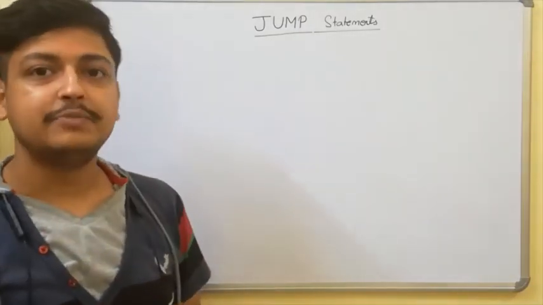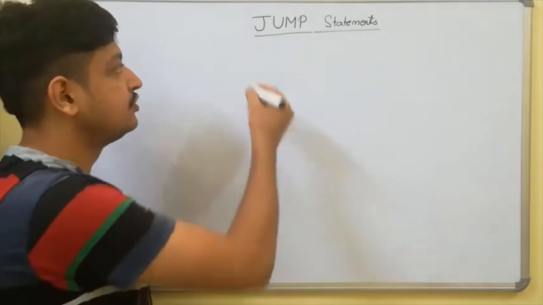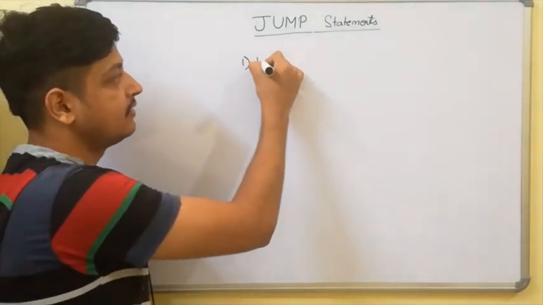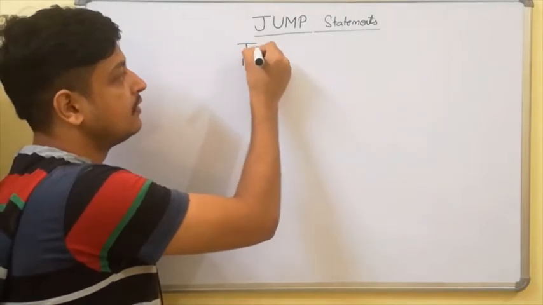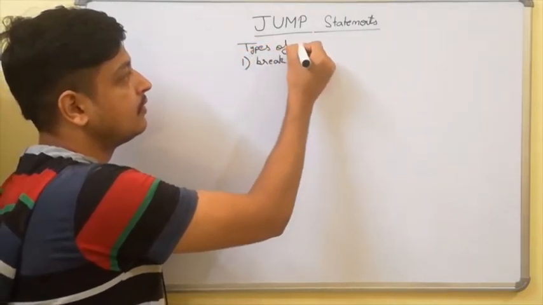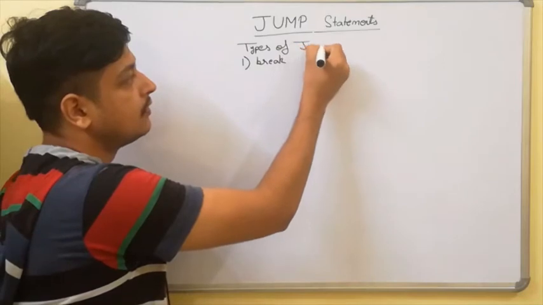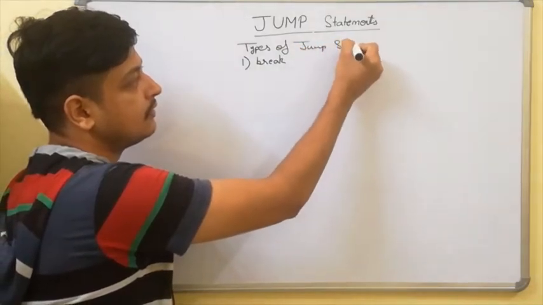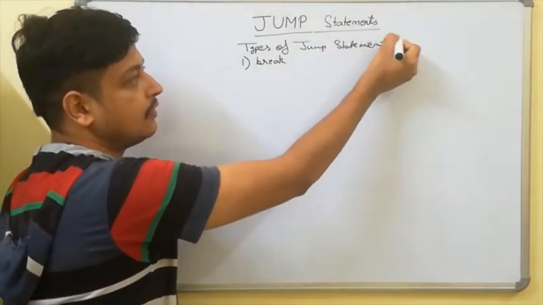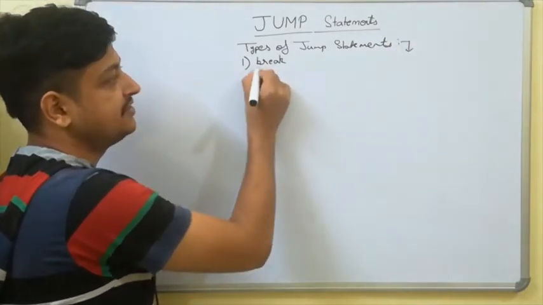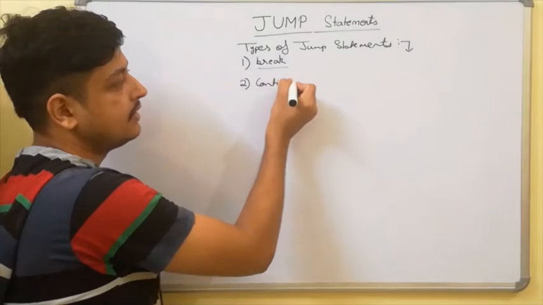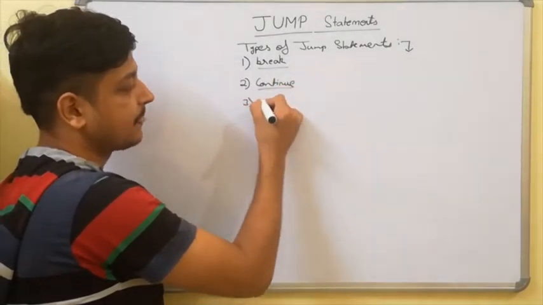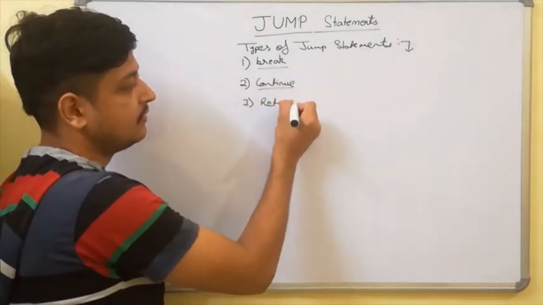So what are the types of jump statements? First one is break, the second one is continue, and the third one is return.